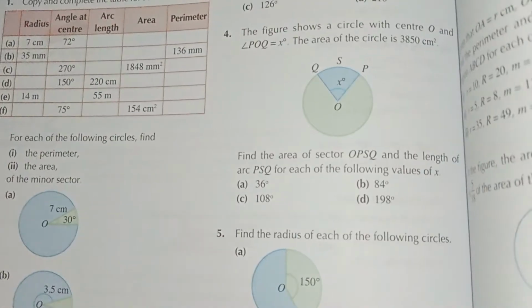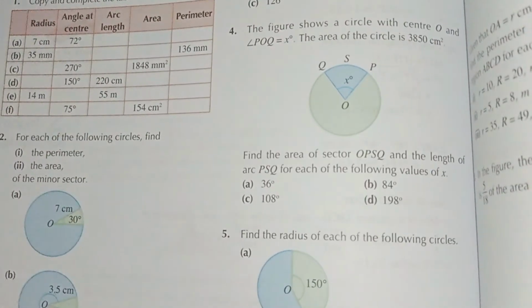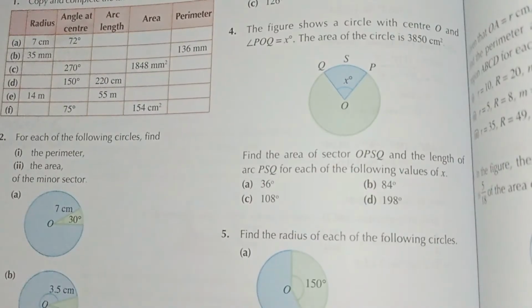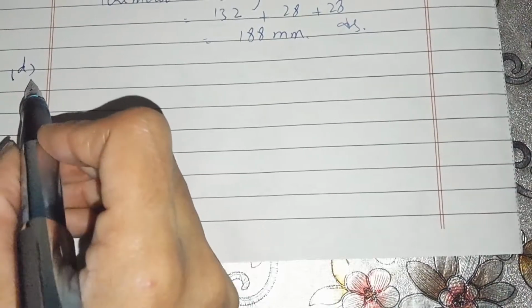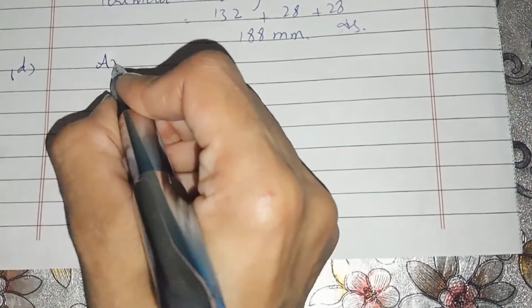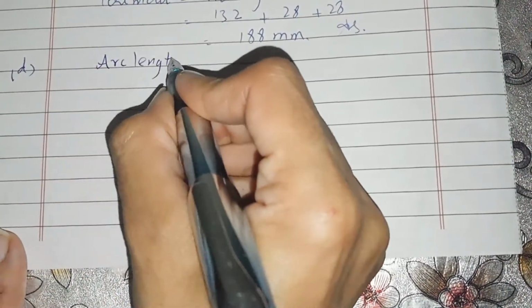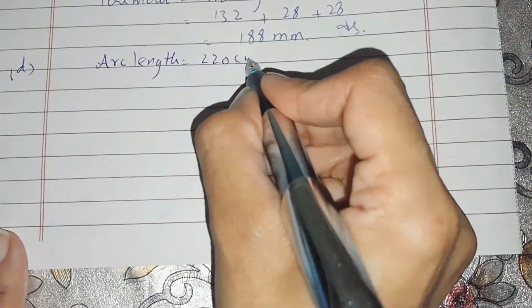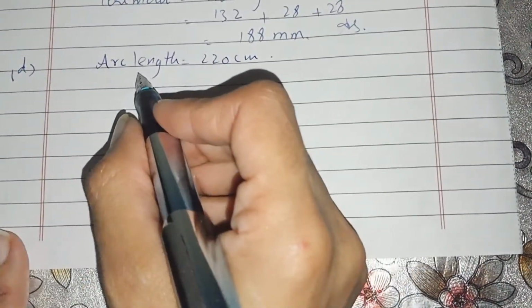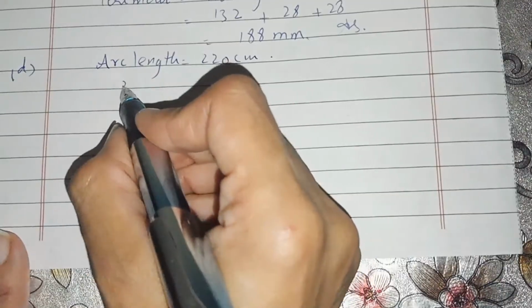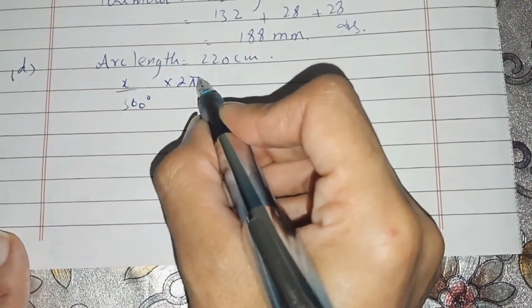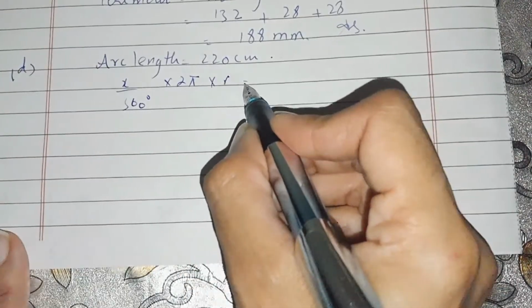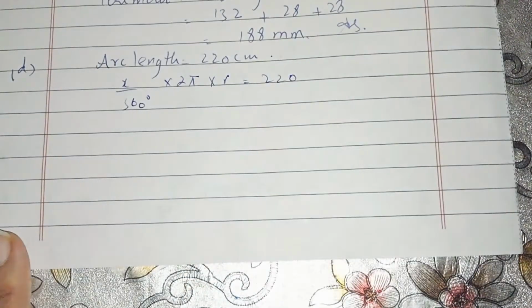Now in part number D, we have to find the radius, area and perimeter. Angle of center and arc length are given to us. Now in D part, arc length is 220 centimeters, and the formula of arc length is x over 360 degrees multiplied by 2 pi r is equal to 220.